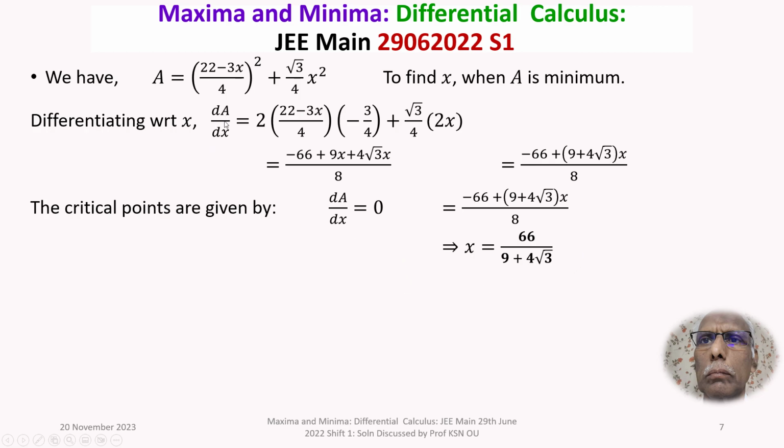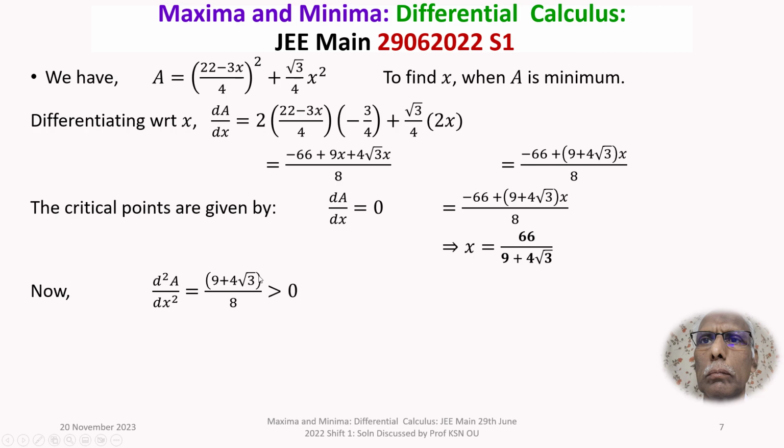We take dA by dx and differentiate again with respect to x. d square A by dx square, because it is minus 66 by 8 plus (9 plus 4 root 3) by 8 into x, of the form a plus bx, after differentiation it will be b.